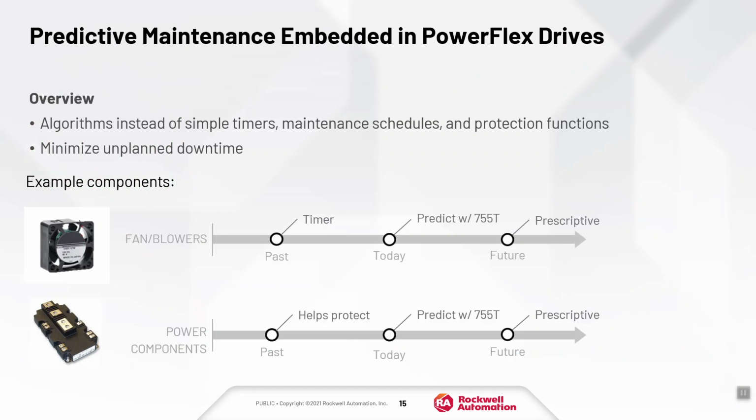On the power component side, in the past, the power components have really been about protecting the device in case failure were to occur. Now we can tell you when IGBTs will fail based on the same user conditions that are applied to the drive, or the environmental conditions applied to the drive over time. So we're able to predict when power components will fail in 755T class drives.